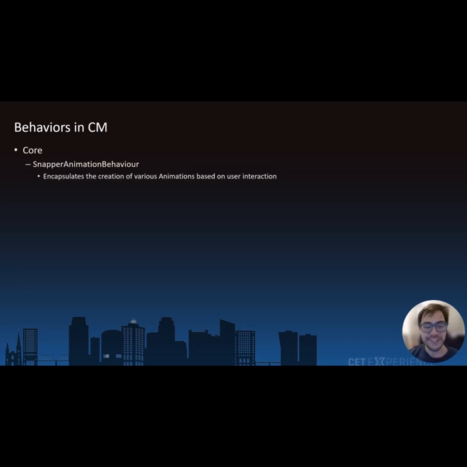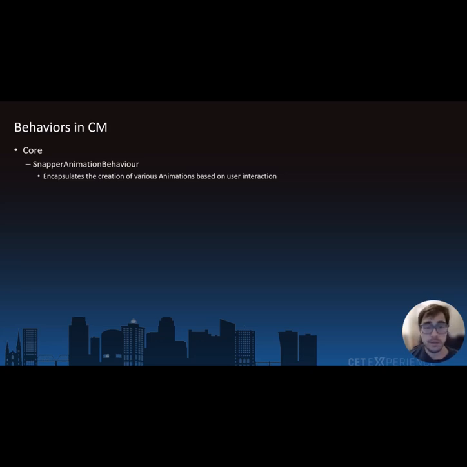But the animation behavior encapsulates the various animations that can be created by the snapper, the drag, the insert, the favorite, and so on. And that is so we can simply swap out the animation behavior.